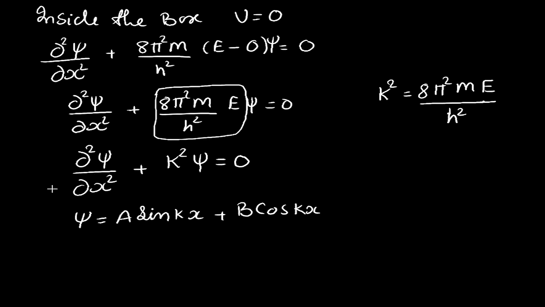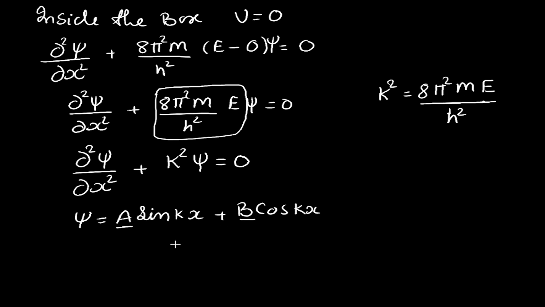So this will be the solution that we'll be using for a particle in one dimension box. Now we need to find the values of these constants, and when we obtain them, we will get the value of the wave function.